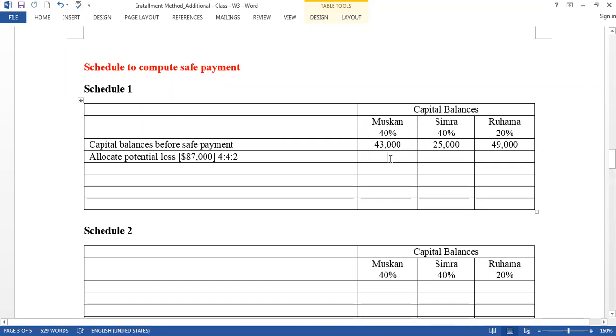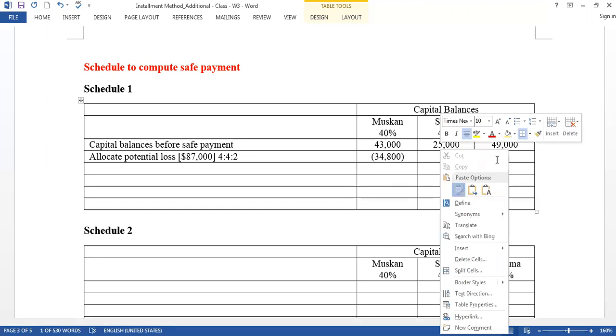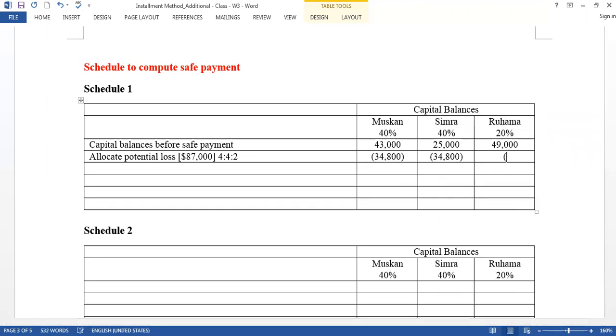So Muskan is going to share the loss 34,800. Also, this is 34,800. And here 17,400.